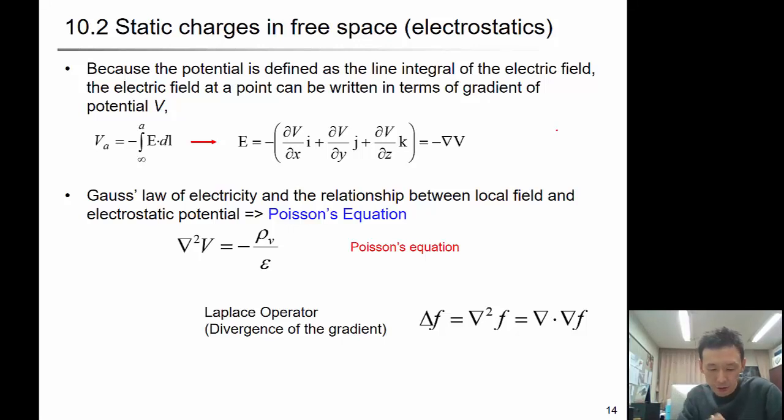Because the potential is defined as the line integral of the electric field, the field at a point can be written in terms of the gradient of the potential V, and that's given here. And you can expand to get this kind of a relation, and it's called Poisson's equation.